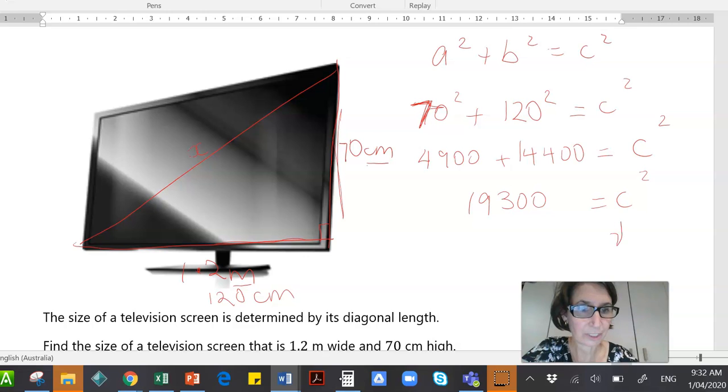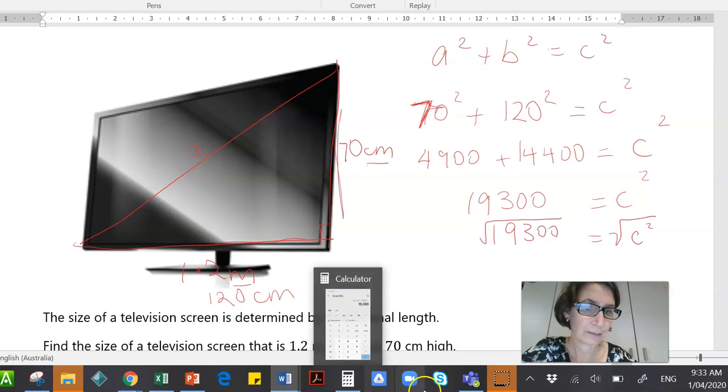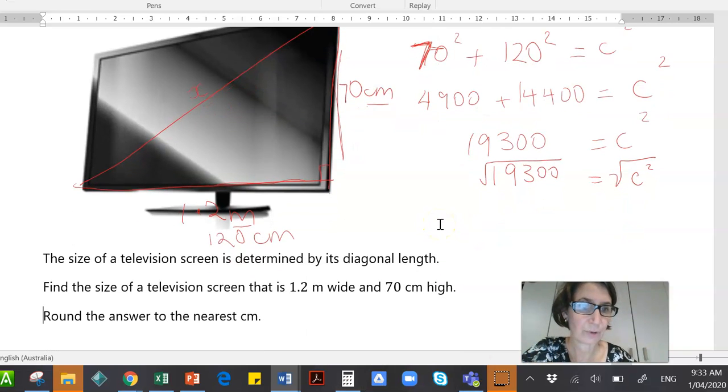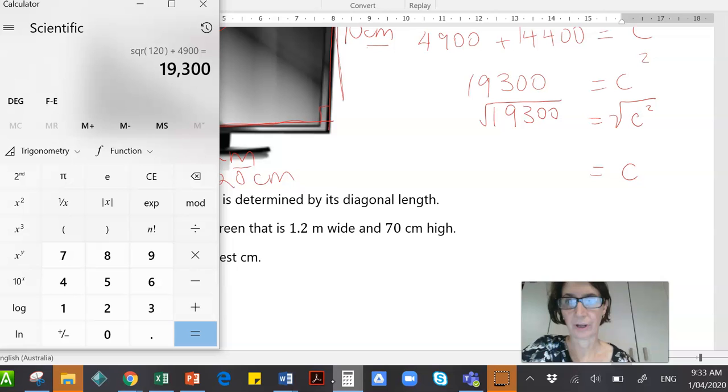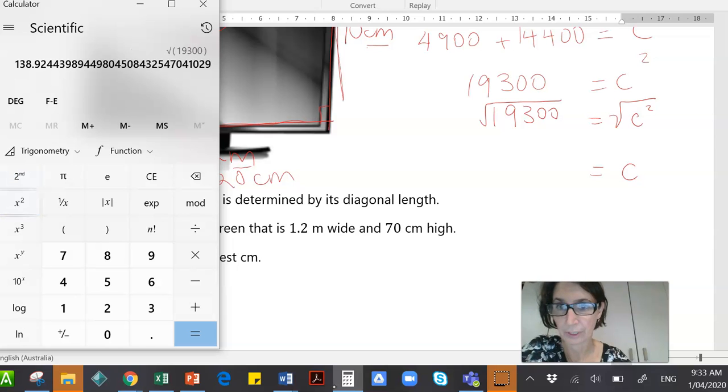The thing which needs to be done to both sides is to take the square root. The reason for this is that the square root of c squared is c, and the square root of 19,300 is something that I can't do in my head, of course. So we're going to use the calculator.